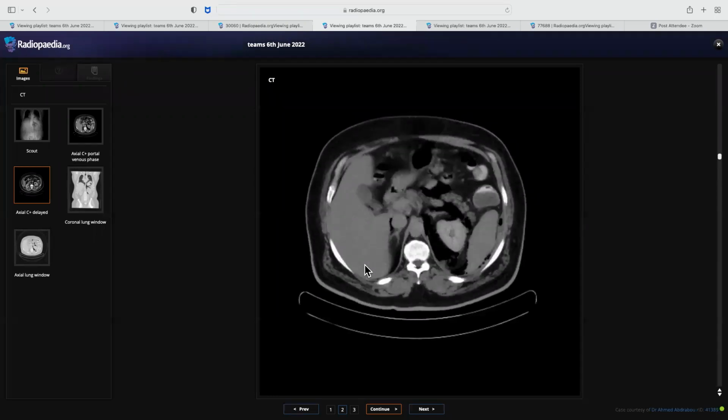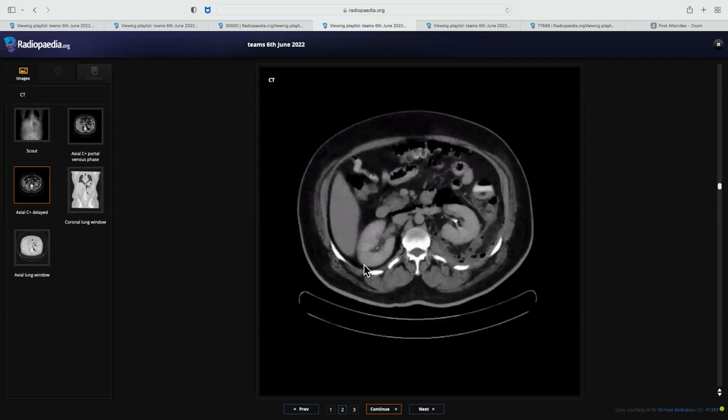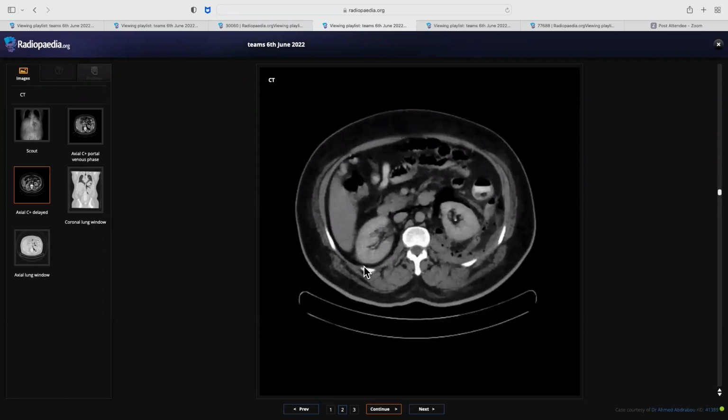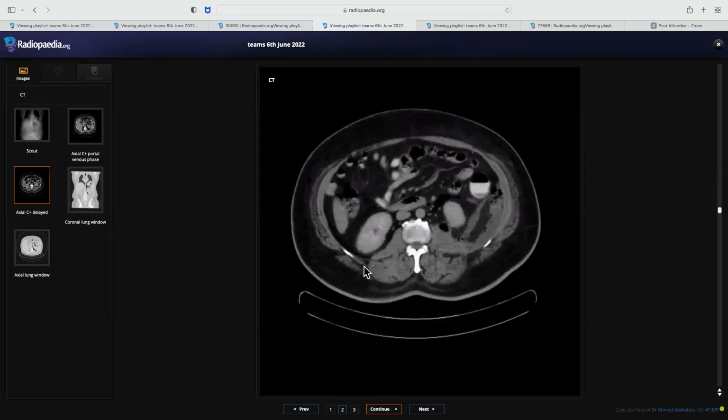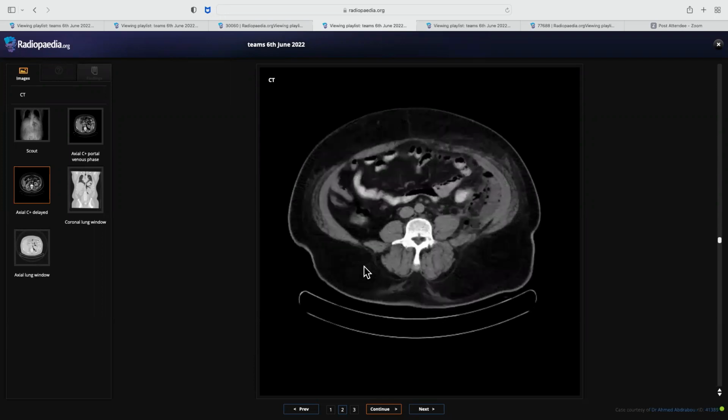Maybe a retroperitoneal abscess. Okay, so what will you do? This is an emergency finding. It needs to be communicated with the surgical team for immediate drainage, and the interventional radiologist may also be involved in the management of this case for drainage and further assessment by cytology and proper antibiotic injection.